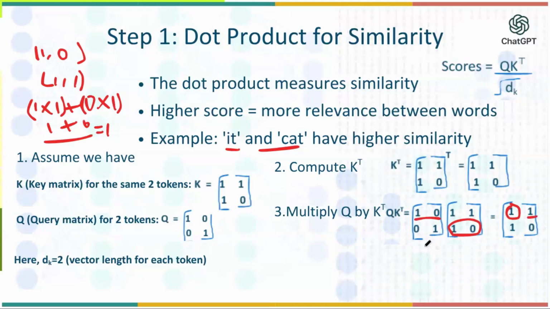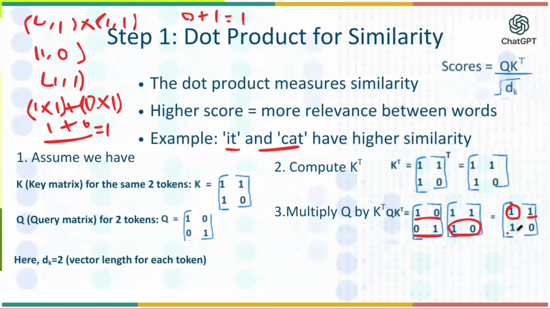Now let's go to the second row in the query matrix, 0, 1, multiplied by 1, 1. So 0 multiplied by 1 is 0, plus 1 multiplied by 1 is 1. So we get 1.